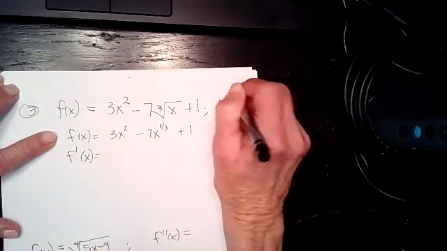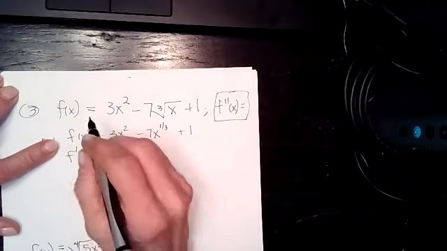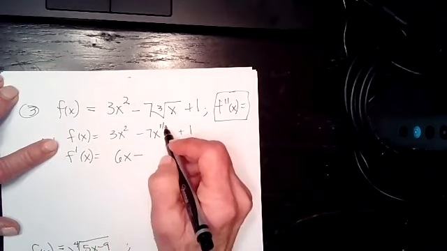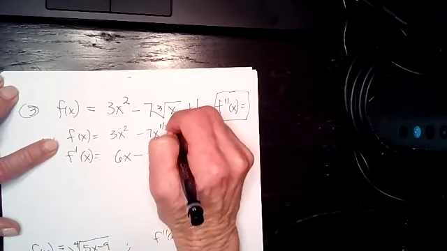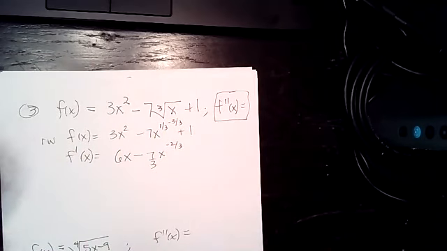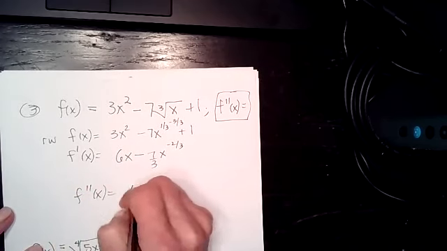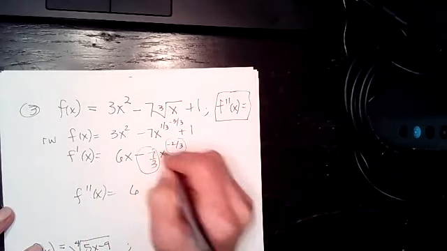Here are my instructions: find f double prime of x. My first derivative is 6x minus 1/3 times 7 is 7/3 x, and when I subtract 1, it's negative 2/3. That's my first derivative. And then my second derivative is 6, and I multiply negative 2/3 times negative 7/3.